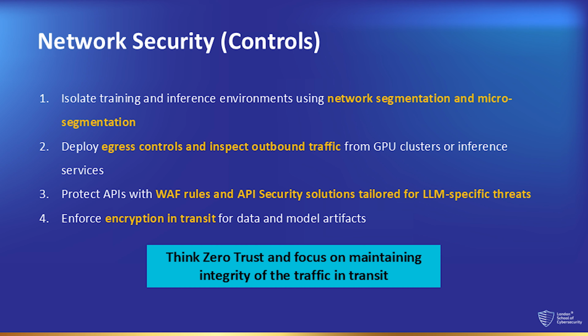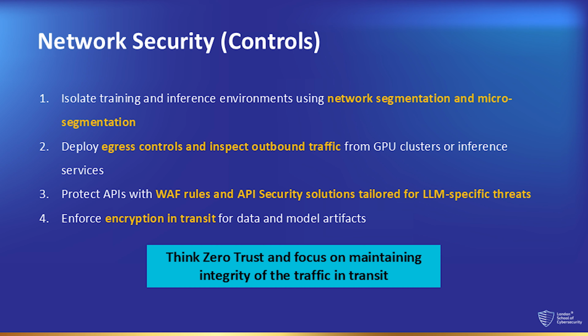But when it comes down to AI systems, and we are talking about the GPU clusters or inference services, we need to monitor what's going out of them. Because we need to be able to catch if data is being taken out of them, if their models are being stolen, if the inferences are being stolen, or if someone is doing something else. So anything that is connecting from these GPUs outside the network, we need to be able to inspect and monitor.